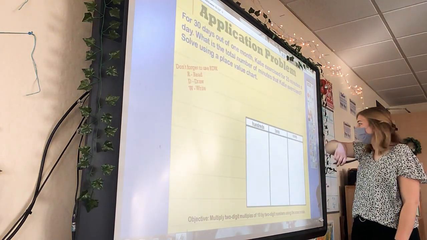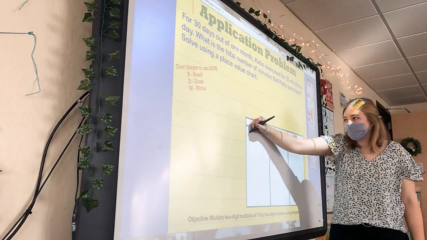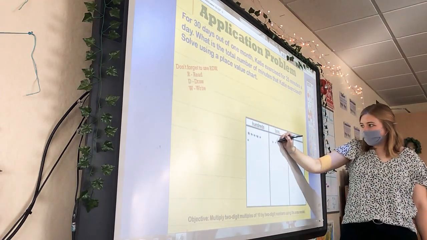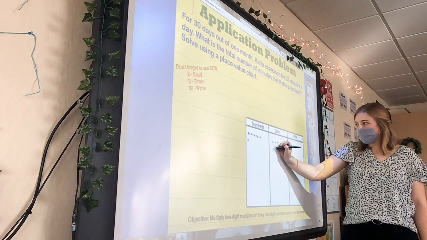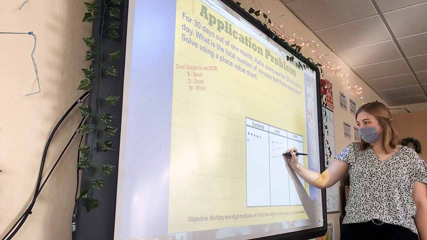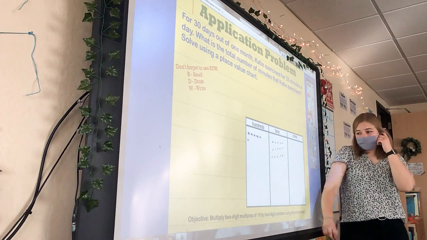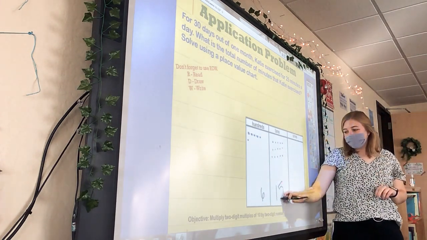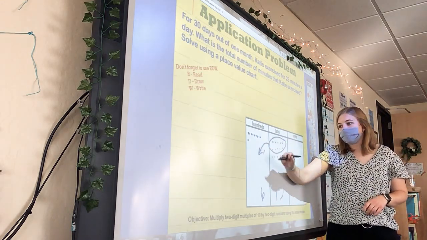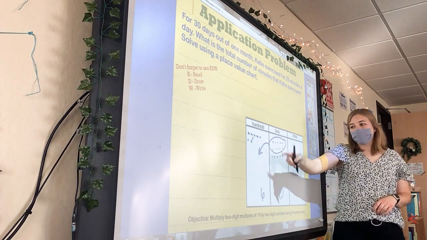Well, I erased it, but we had 600s over here. And then we had 15 tens. I'm writing faster than I can count. Okay, right? 600s, 15 tens. Can't have 2 digits in a place value, so that 10 has to bundle over, and adds to what we've already gotten there.